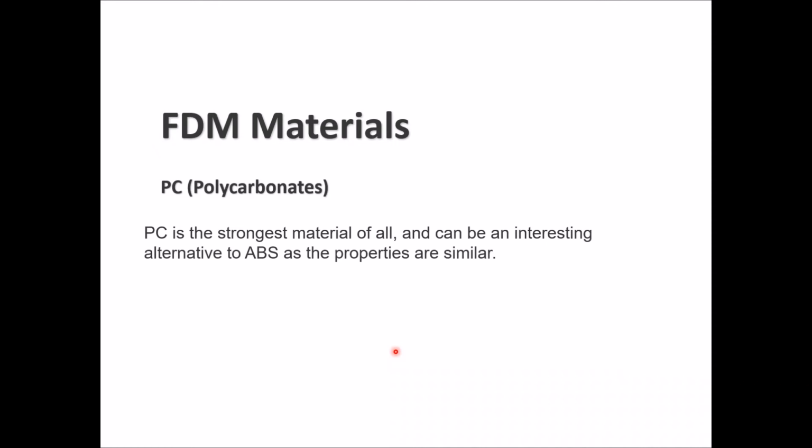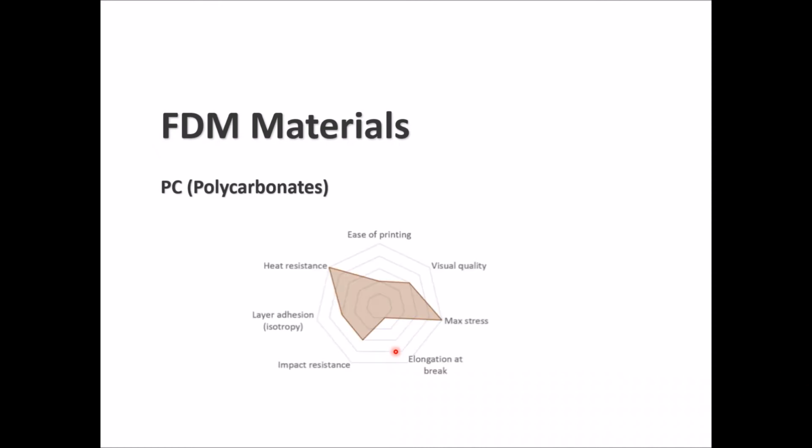Polycarbonate, known as PC, is considered the strongest material of all for FDM 3D printing technology. It can be a good alternative for ABS, where the properties are almost similar. If we look at the map for polycarbonate, we can see the heat resistance is perfect, very high.